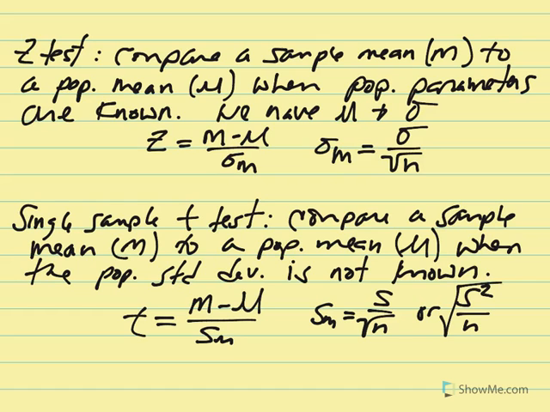And it could be that we are administering treatment to the sample and comparing it to the untreated population. Whatever the scenario is, again, the purpose of calculating the z-statistic or the t-statistic is to find out if that value is different enough from the population value that we're comparing it to, different enough that we would say it's due to treatment or due to the difference in the quasi-independent variable.